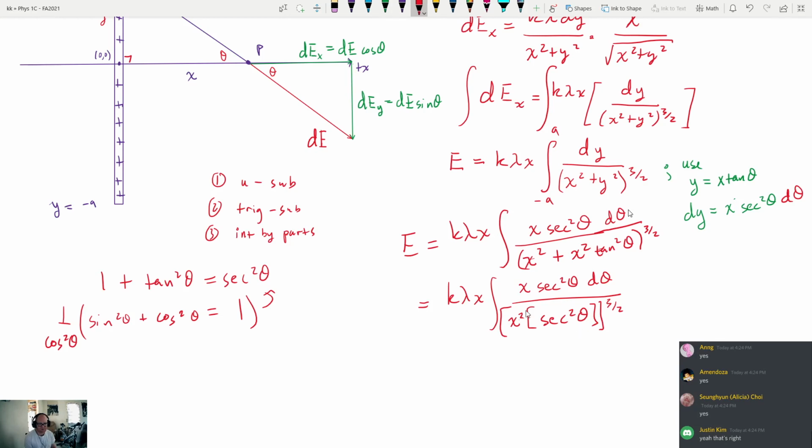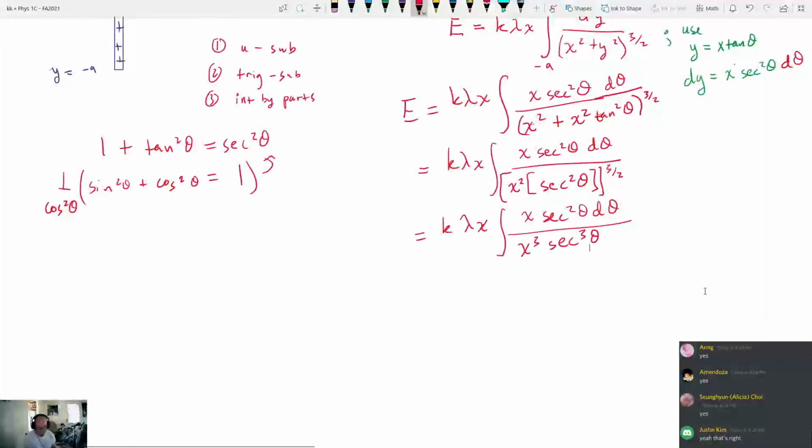Which means now what we get is k lambda x integral x sec squared theta d theta divided by x squared to the 3/2, which is x cubed. Checking the chat to make sure I didn't make a mistake. Secant squared theta, so this is secant cubed theta.